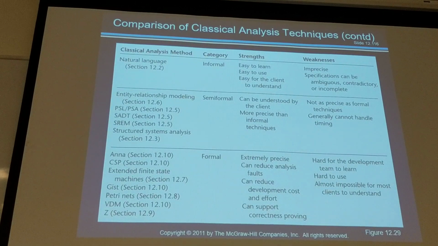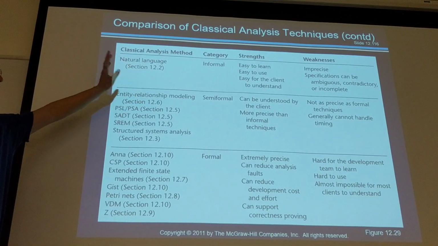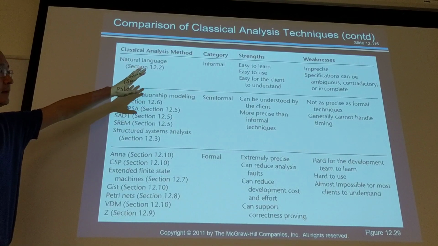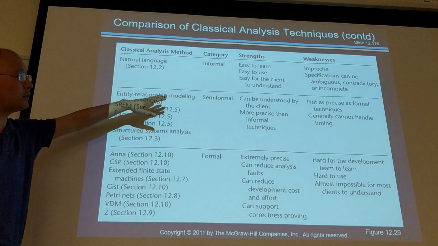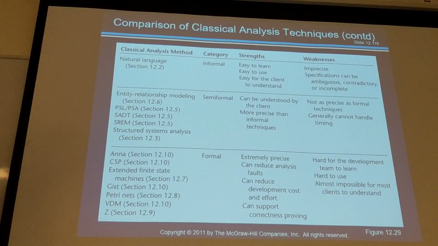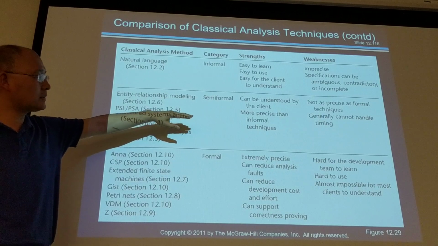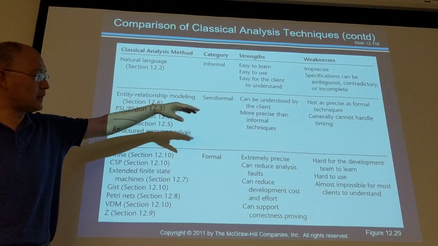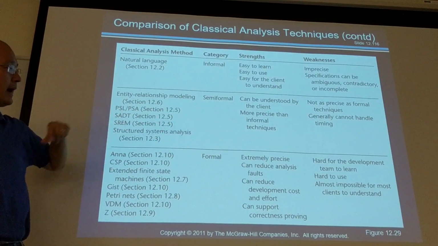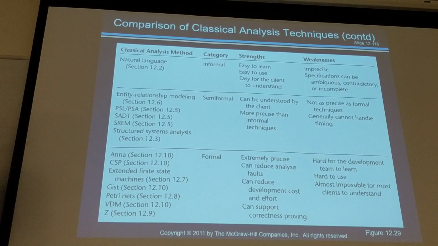Okay, so this is the comparison. Natural language is very informal, very easy to use and learn, but imprecise, ambiguous, contradictory or incomplete. You have some relationship-based modeling, semi-informal, which can be understood more precisely, not as precise as formal method, but it can clear up a little bit of ambiguity, right?